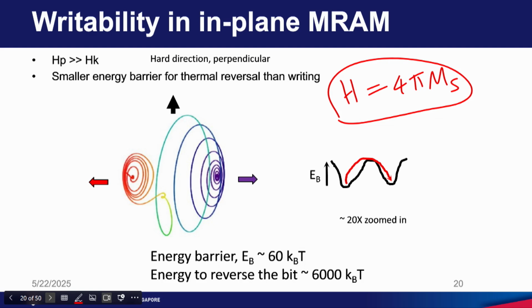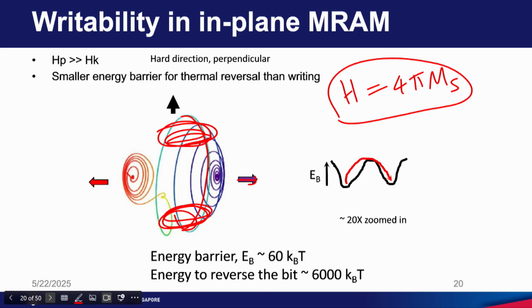So, when you switch magnetization from right to left, what are you doing? Quite often the magnetization is perpendicular to the plane. So, in all this region you are spending more energy, more than the anisotropy energy that keeps the magnetization stable. So, that is what I have written here.